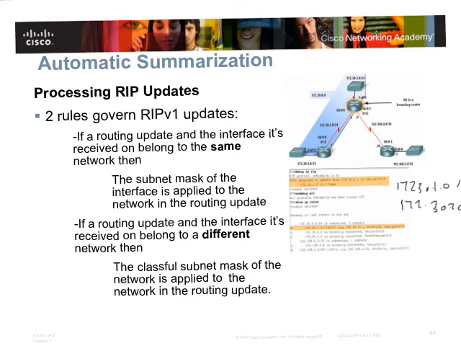The rule says these route entries do not exist in the same major network of the interface. Right?